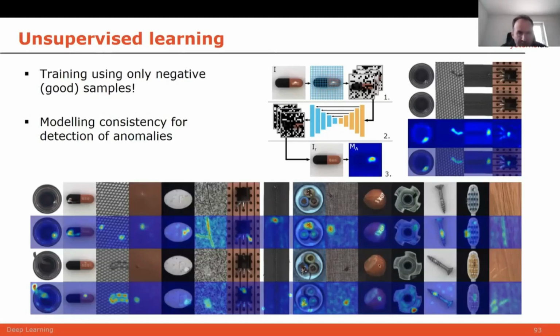All you do is, you don't show any defective sample in the training stage, only defect-free. And you tell the system, listen, this is a variety of the objects that don't have any defects. Learn all possible appearances of these objects, and this is something that's okay. If you have a discrepancy, if a novel image that is shown does not conform to the distribution of those images, then it is probably defective.